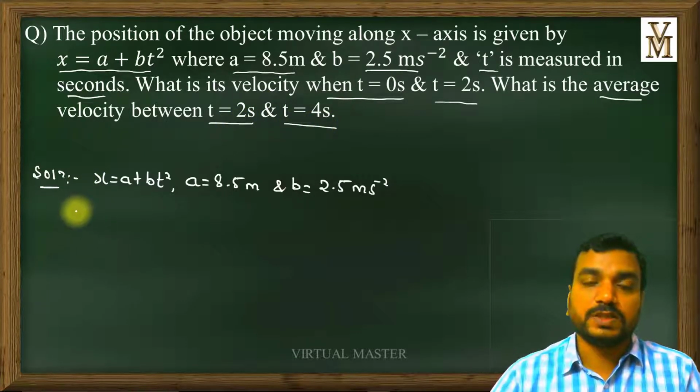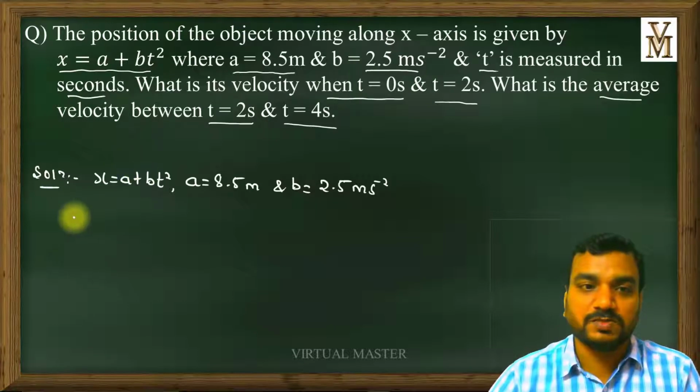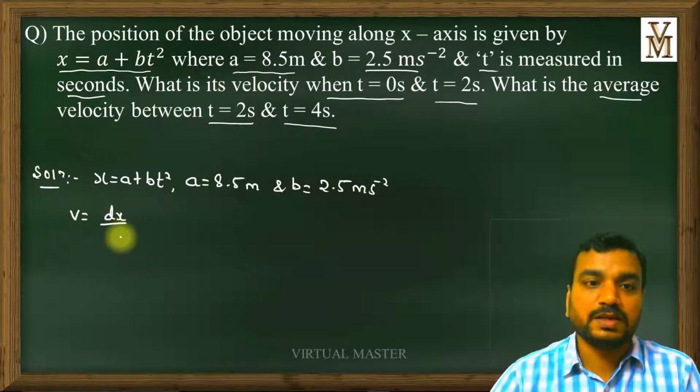Now first let us find the instantaneous velocity of the object. We know the formula for the instantaneous velocity, that is v equals dx divided by dt, isn't it? Now what is x? x is equal to a plus bt square. So d by dt of a plus bt square.